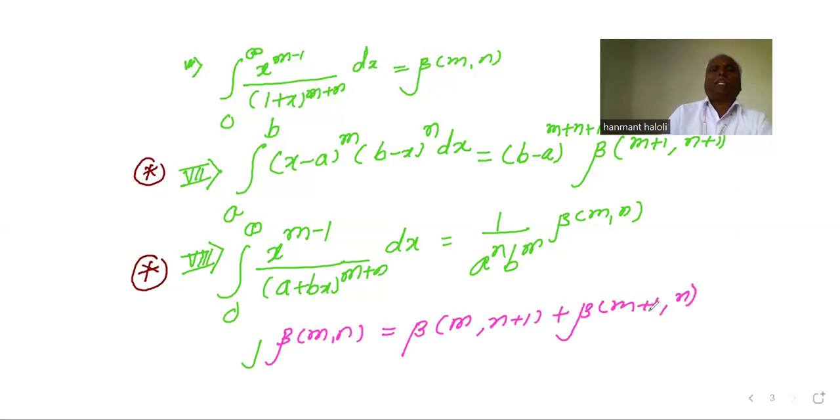A beta function can be written as a sum of two beta functions. Now we'll move to the next slide. These are the important properties, and we are going to use them while solving the examples.